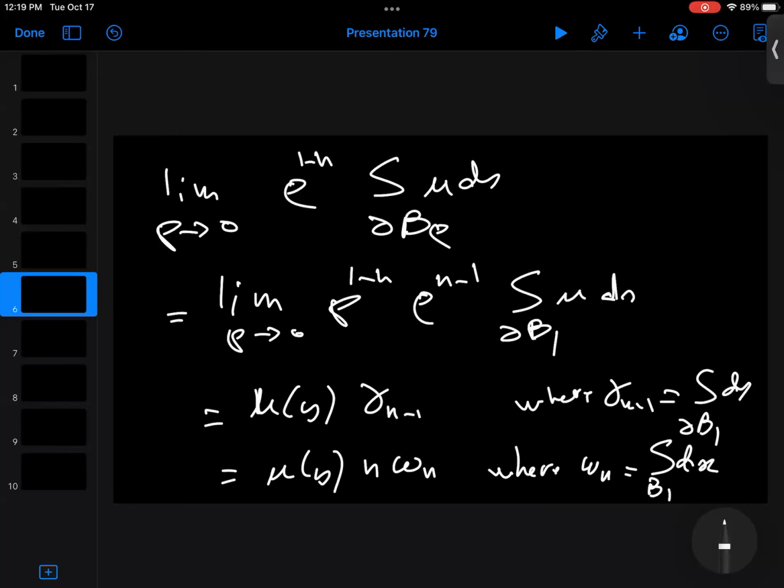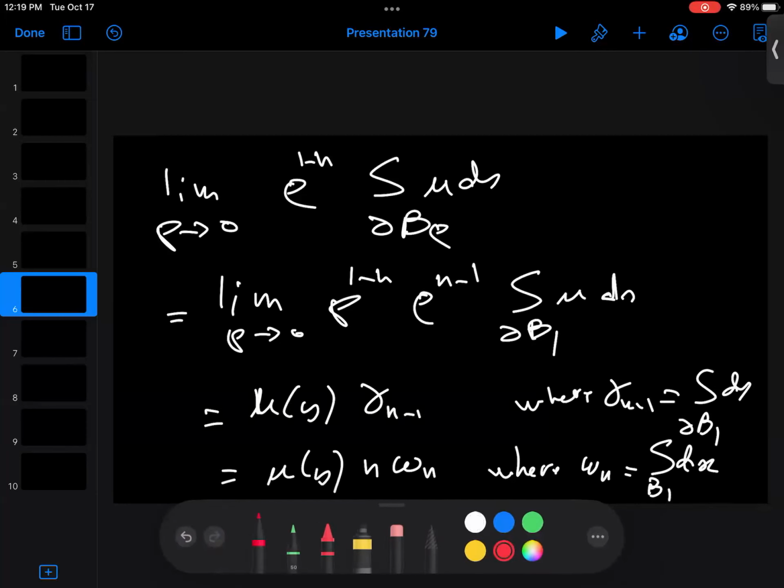So the first part of the theorem is proved now, because this is equal to r times r to the 1 minus n, the integral of u.